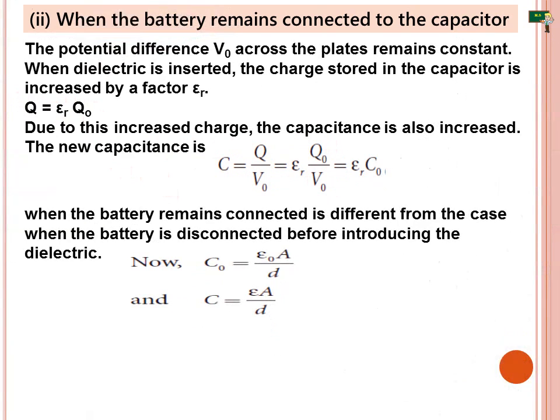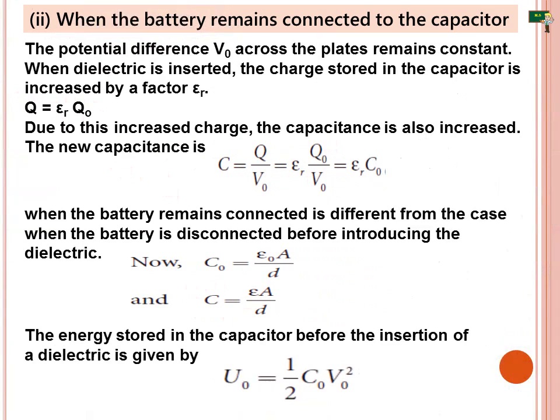When the battery remains connected, it is different from the case when the battery is disconnected before introducing the dielectric. In the earlier case, we saw the battery is disconnected before introducing the dielectric. Now, C naught is equal to epsilon naught A divided by D, from the earlier expressions.